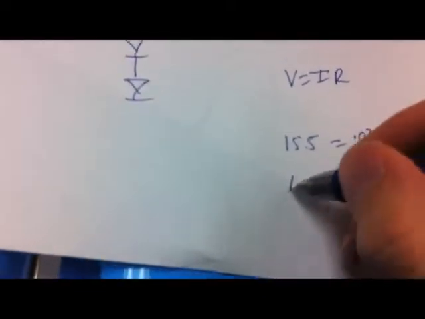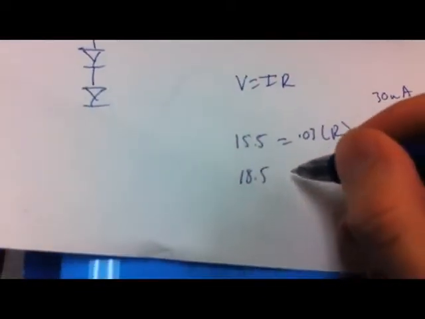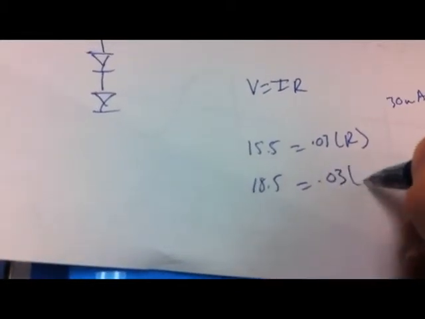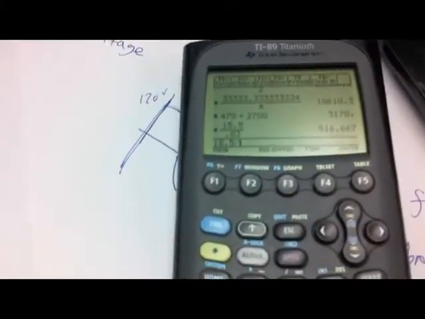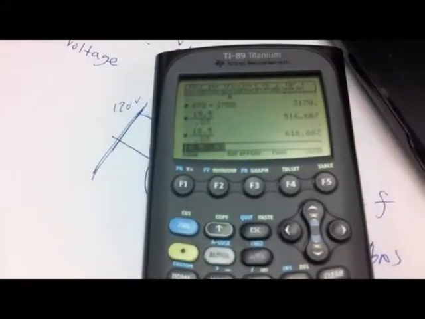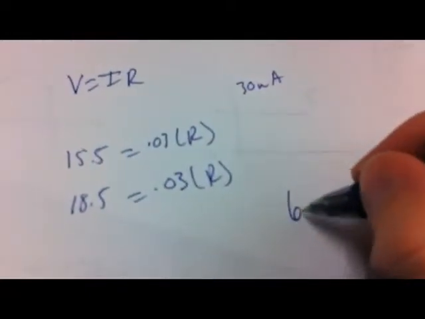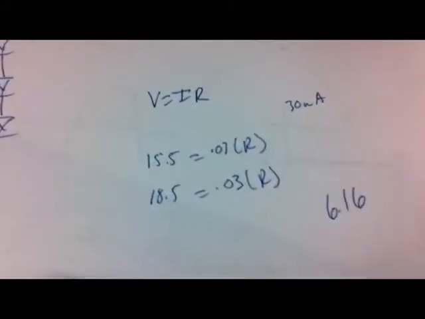Now let's try it, just to be safe, with the 18.5 volts we're getting. 18.5 divided by 0.03 is roughly 616 ohms, and we'll use that just to be safe, because we don't know how much the LEDs are actually going to be pulling. If they can pull more than 3.1 volts, we'll just see.